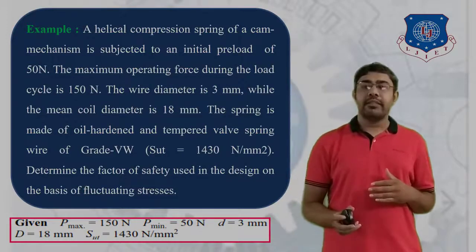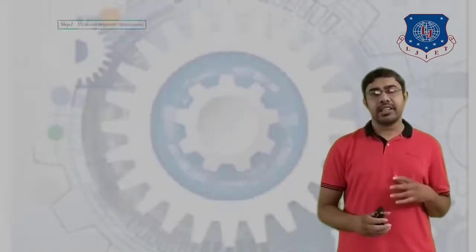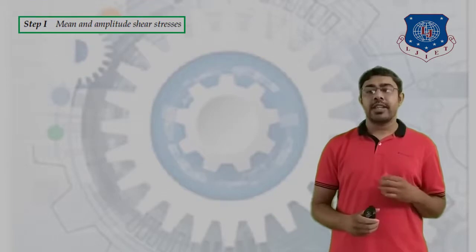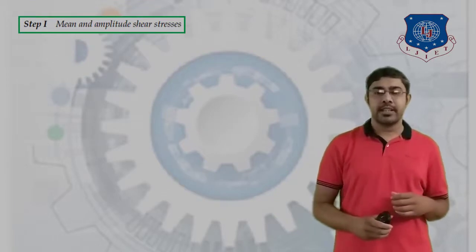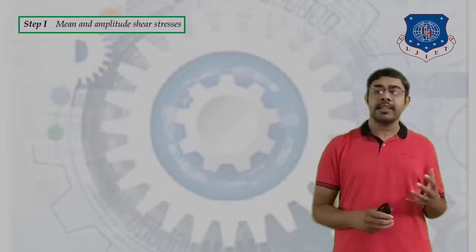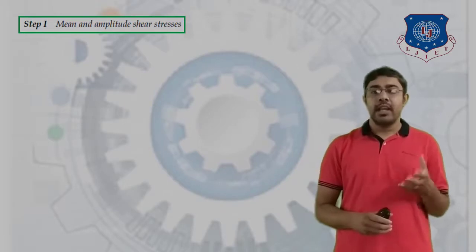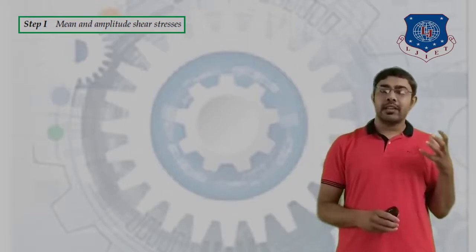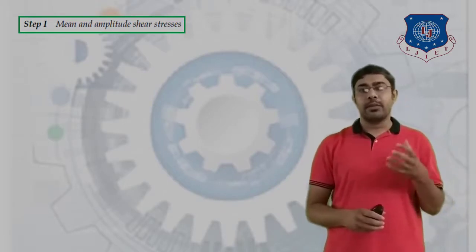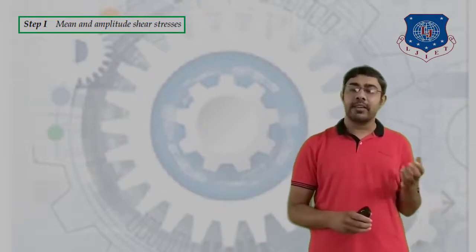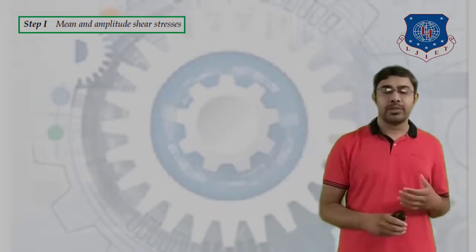Now to calculate the factor of safety, we first calculate the mean shear stress and amplitude shear stress. As we know, the case is fluctuating stresses, and whenever any component is subjected to fluctuating stresses, there are mean stress and amplitude stress.